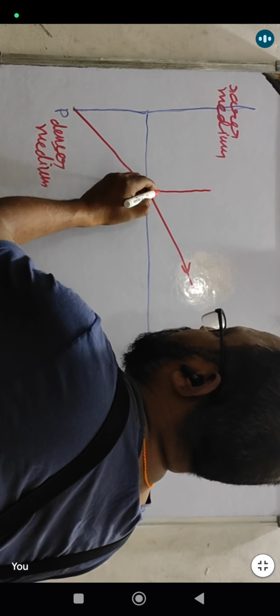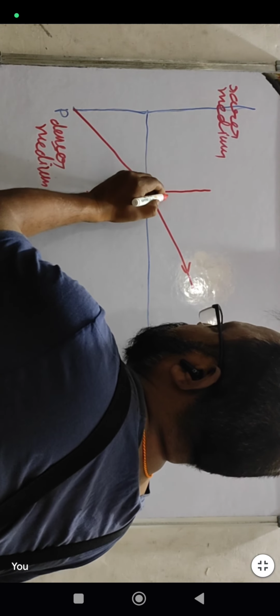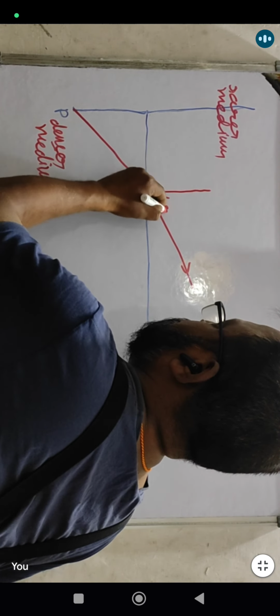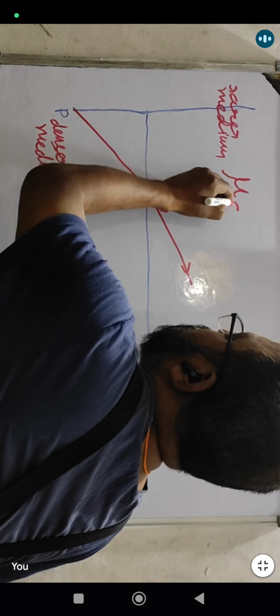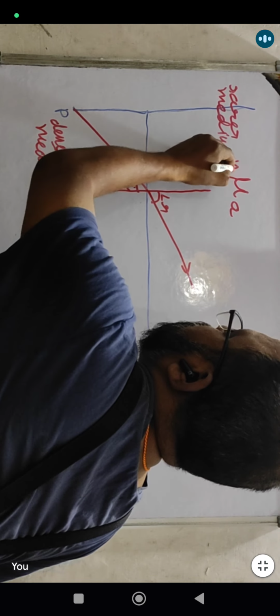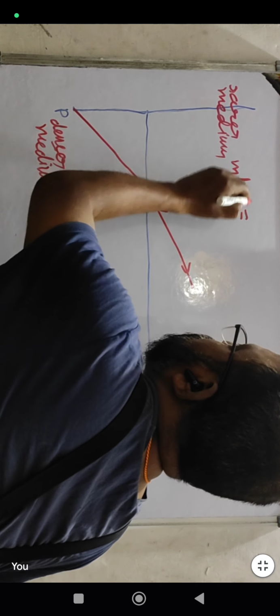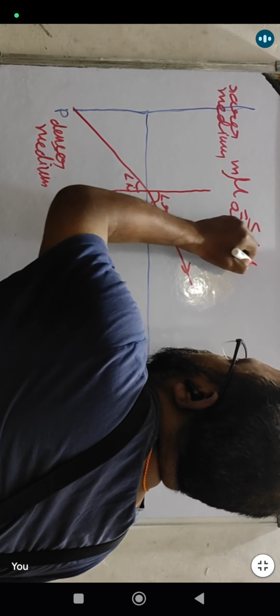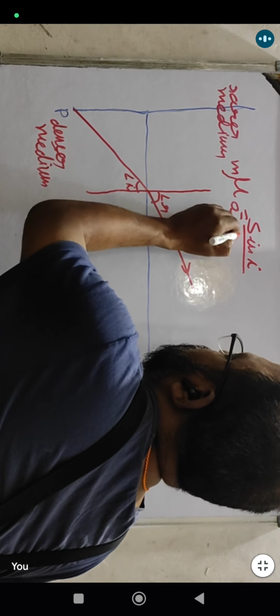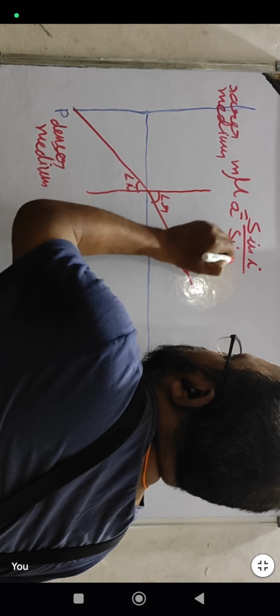So this angle is the angle of refraction. So the refractive index of air with reference to the material is equal to sine I upon sine R.